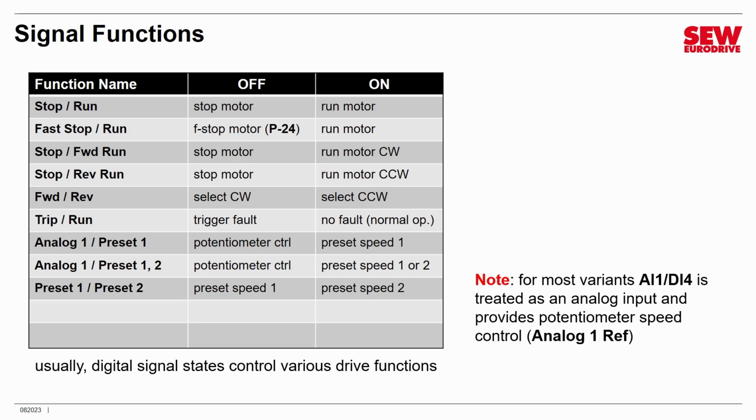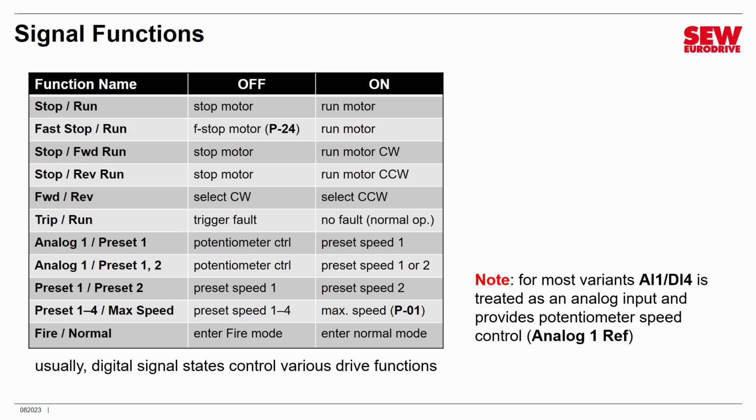Preset 1, preset 2 is used in combination with this previous signal to select between 2 different presets, preset 1 and preset 2. And then there's another version of this where you can select between 4 preset speeds and a maximum speed. If the signal is off, you get presets 1 through 4, and if it's on, it goes to the maximum speed. That's the top speed that you say the drive can run. It's in parameter 0, 1.